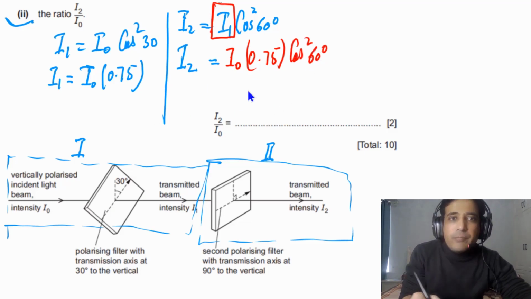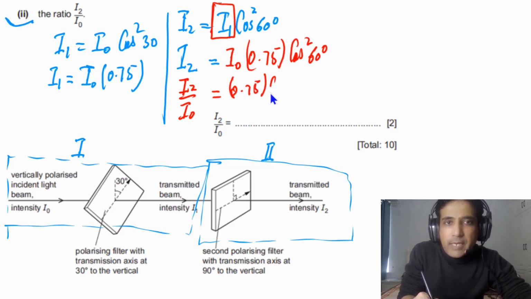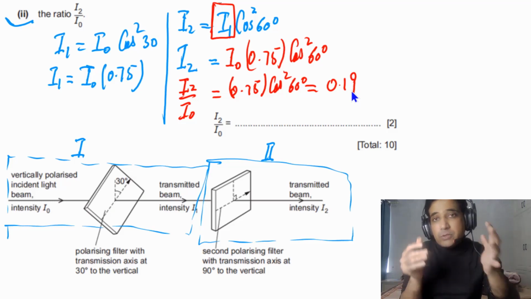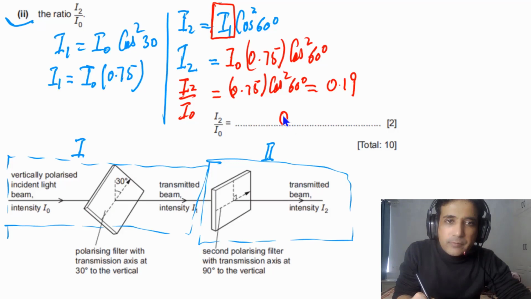Now if we solve this, I2 by I naught is equal to 0.75 times cosine squared of 60 degrees. Our final answer will be 0.19. And this is how you can approach this type of problem. So the final answer for this one is 0.19.